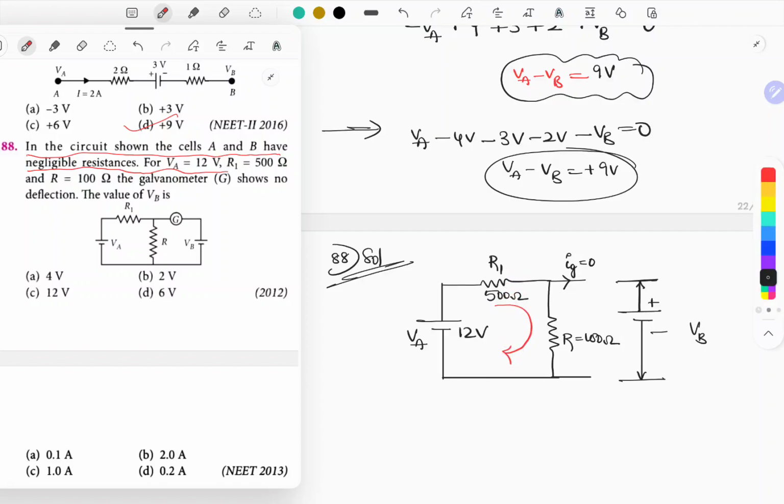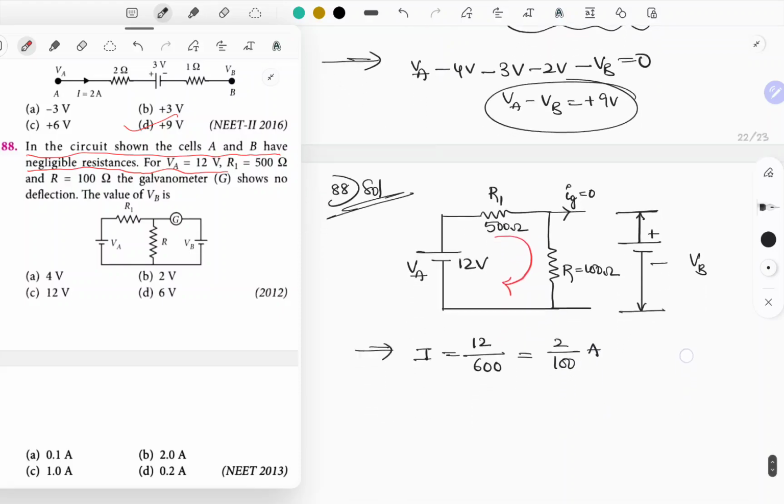Then what's going to be the total current flowing through it? Current flowing through the circuit is I is equal to equivalent voltage 12 volts, 12 by R equivalent. R equivalent is 600 ohm, which is equal to 2 by 100 ampere. Okay, this is the current flowing through the circuit.